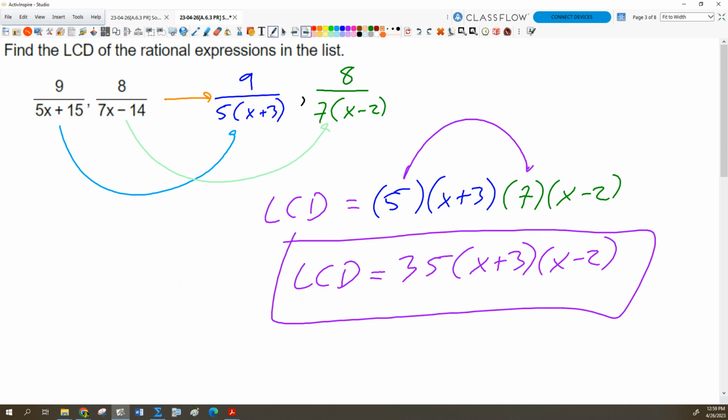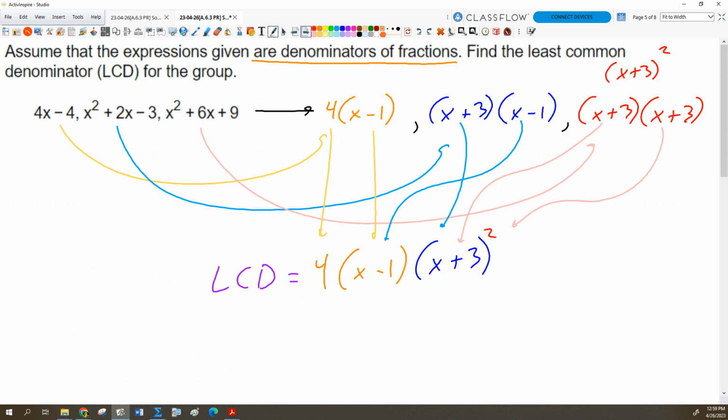So in this example, we have an x plus 3 squared in one of our denominators, so that x plus 3 has to be squared. In our least common denominator, it has to show up to the greatest power that factor shows up in any denominator. Make sense? And again, one of those x plus 3's was already accounted for, but the second one means we have to square it. Okay?